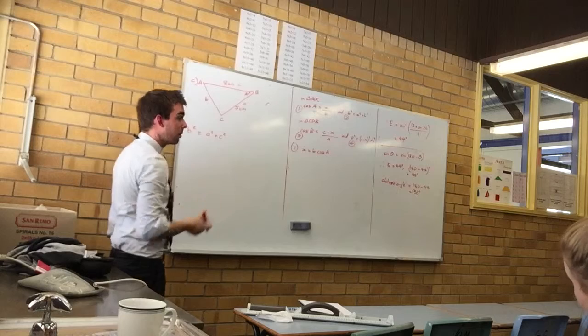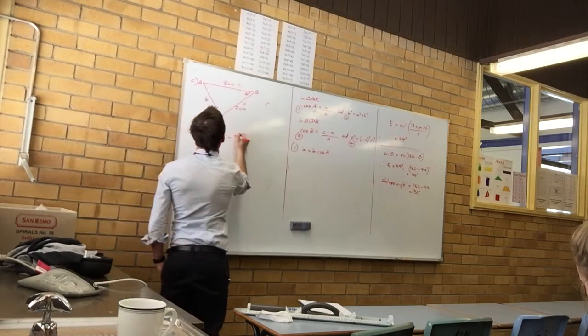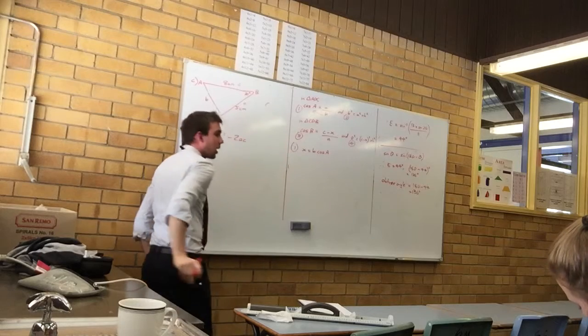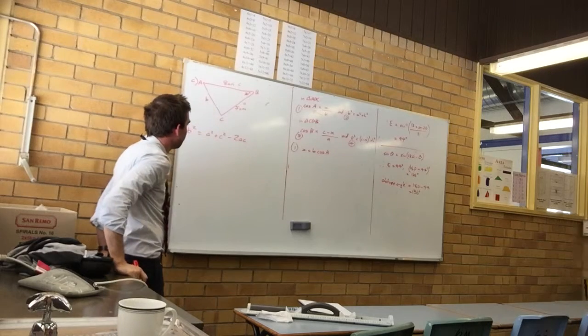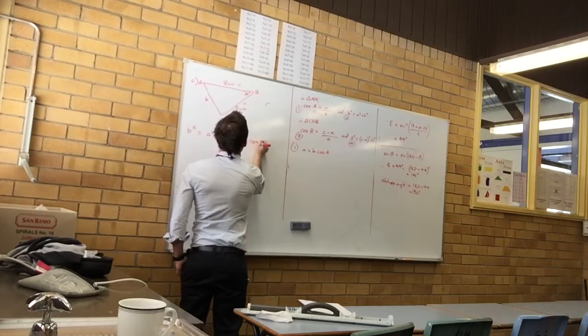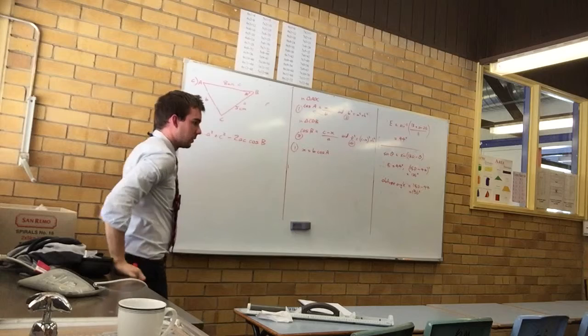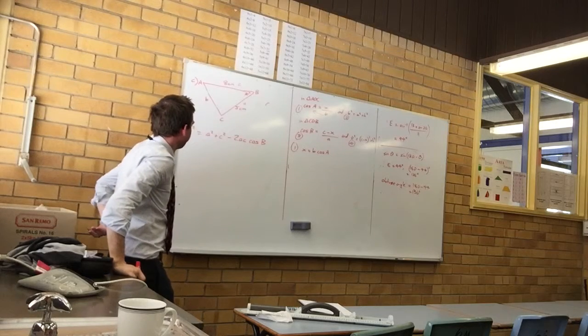So the sum of the square of the other two sides. Take away 2 lots of the product of those same two sides. And then multiply by cos of the angle opposite the side in question.